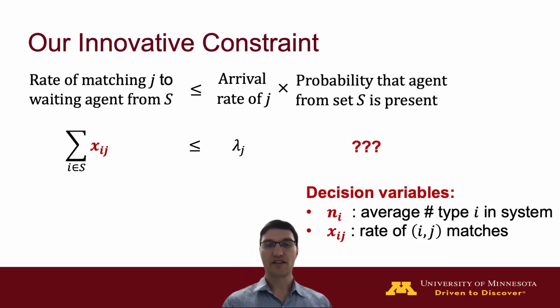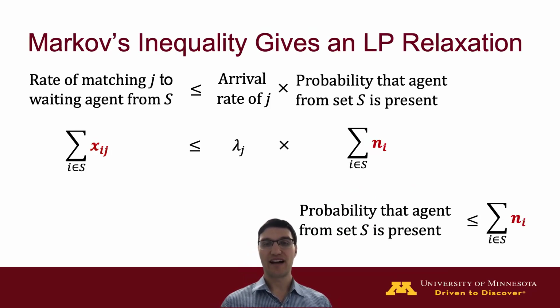So in particular, Markov's inequality gets us the following, right? The probability that an agent from set S is present is at most the expected number of agents from set S that are present. And that expected number is exactly the sum of Ni. So this is Markov's inequality.